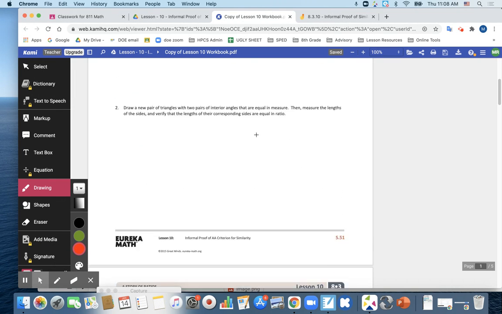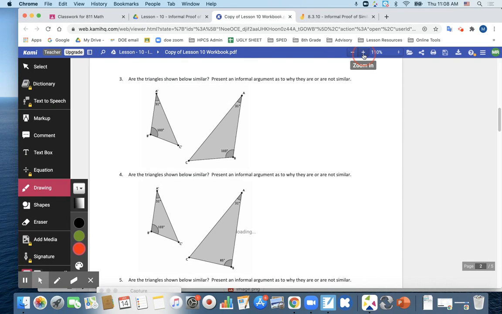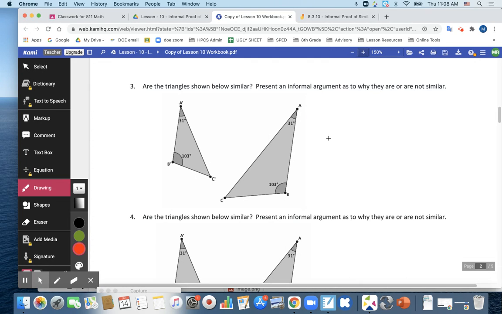So we're skipping 1 and 2. We're moving on to number 3. Number 3 says, are the triangles similar? Find that out and then what's your argument? Okay, so let's look at number 3. This is triangle 1, this is triangle 2.